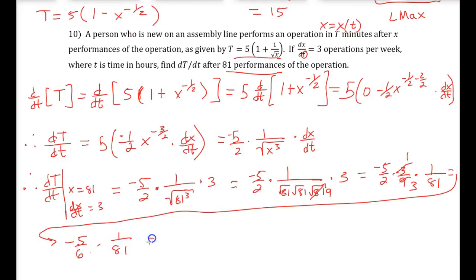And then do that with 81. And so 81 times 6 will just be 486. So let's finish this out.